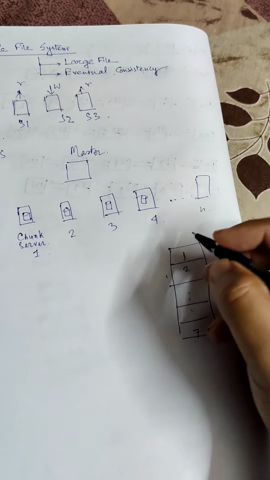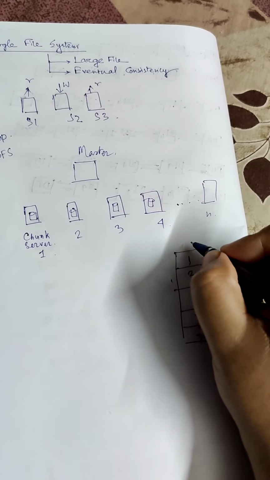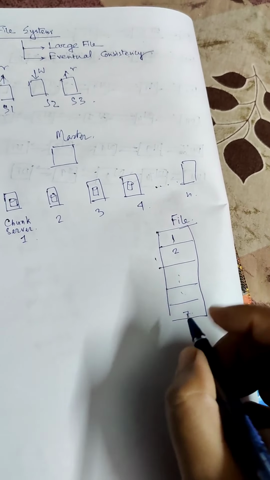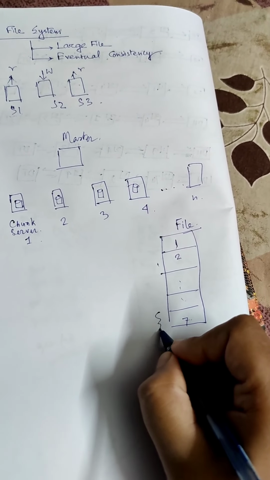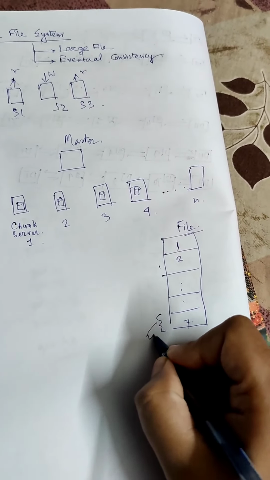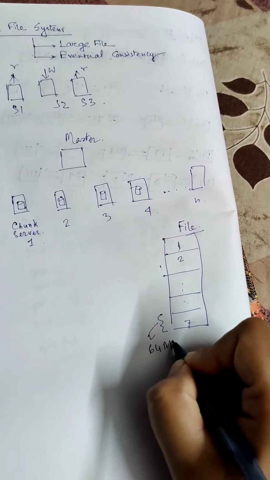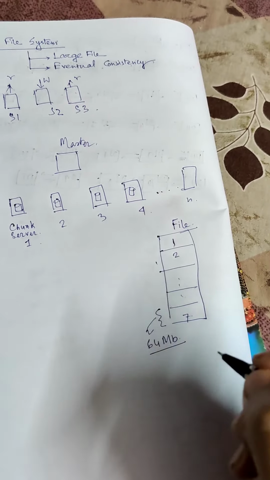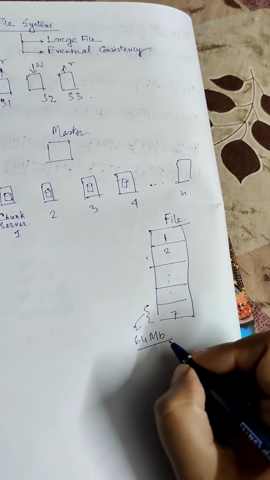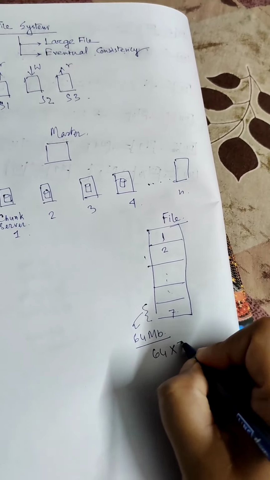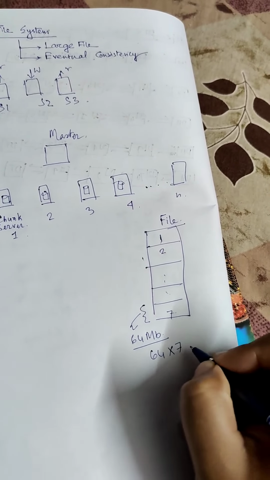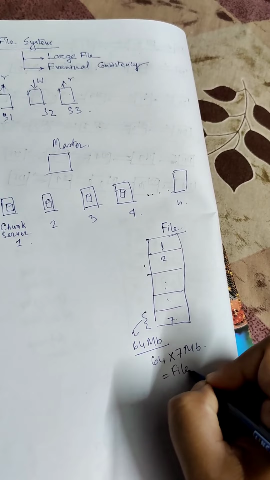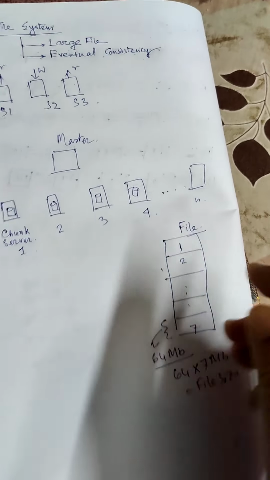If you sum these chunks, you will get the whole file, which is very big. As mentioned, every chunk size could be 64 MB. So if you have 7 chunks altogether, then you have 64 times 7 MB as your file size.